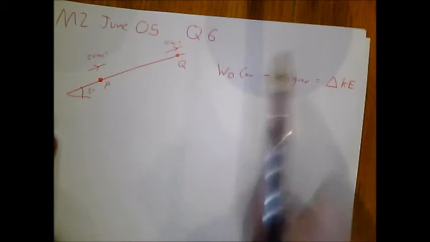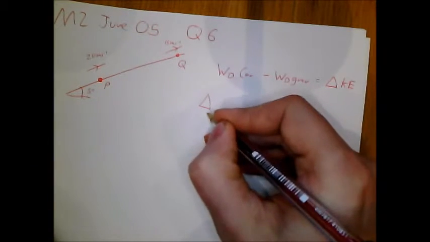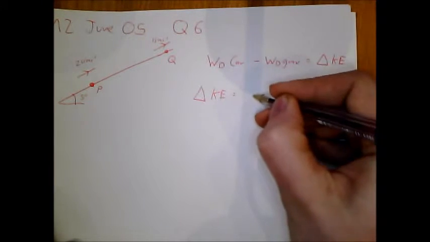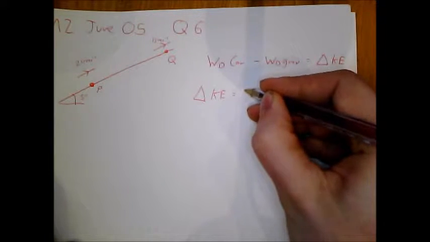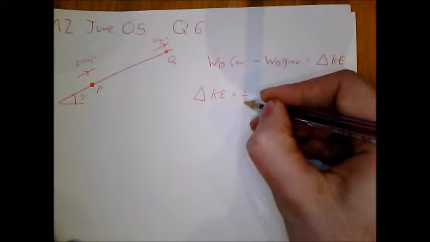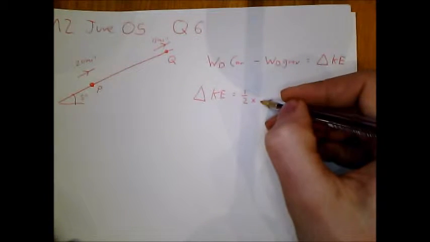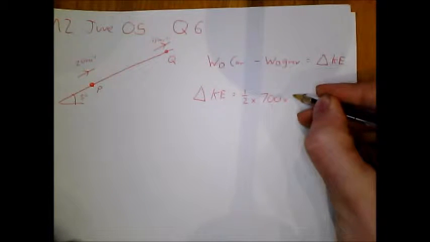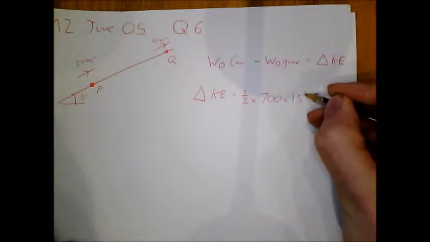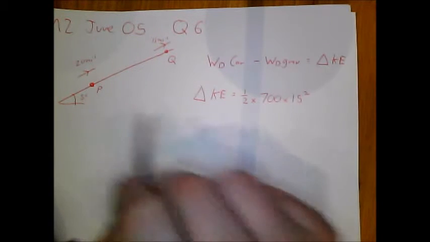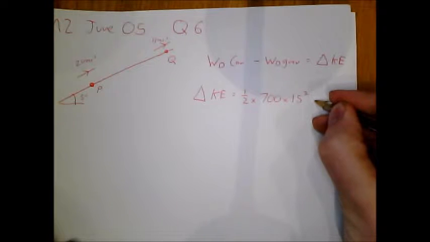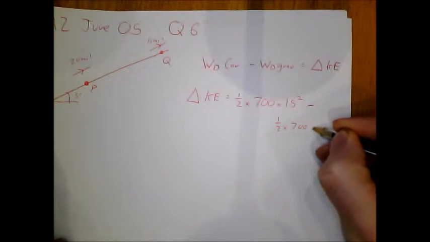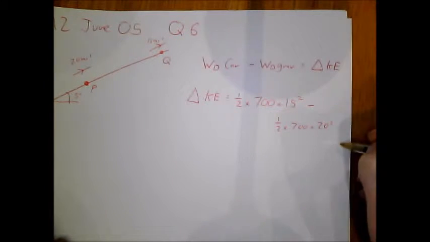Now, I can work out my change in kinetic energy because I have my different speeds here. So my change in kinetic energy is going to be half mv squared, so half of the car 700 kilograms, so 700 times 15 squared, because it's a change, so KE2 minus KE1, so half of 700 times 15 squared minus half times 700 times 20 squared.